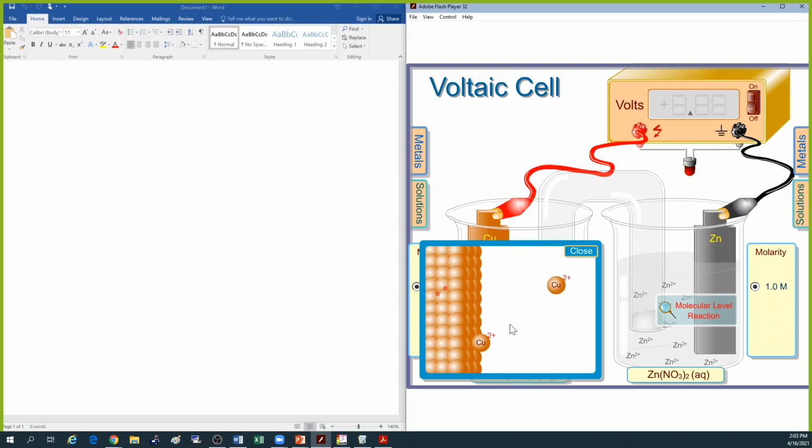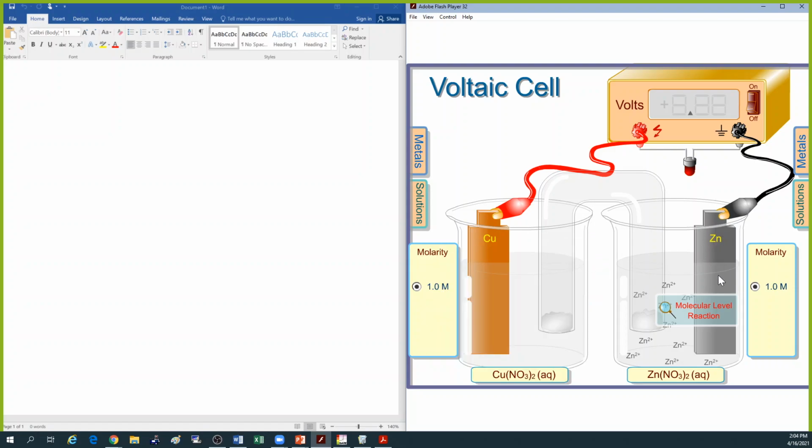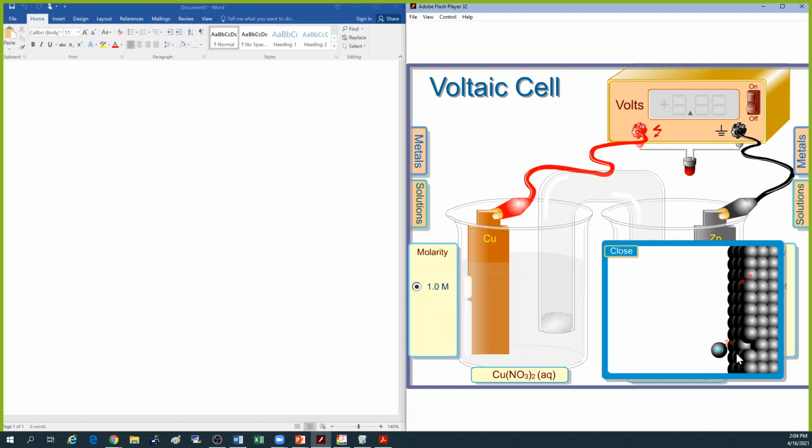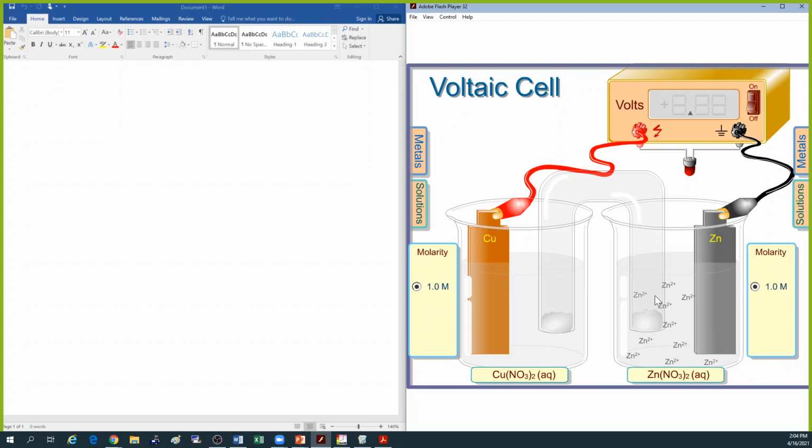So this is the reduction side. You see that happening there. Those electrons are coming from this side, which is the oxidation side, where atoms in the metallic state are losing electrons, then dissolving into the solution. Meanwhile, for the entire system to work, we need the salt bridge connecting the two half cells so that ions can continue to flow and maintain a continuous flow of electricity.